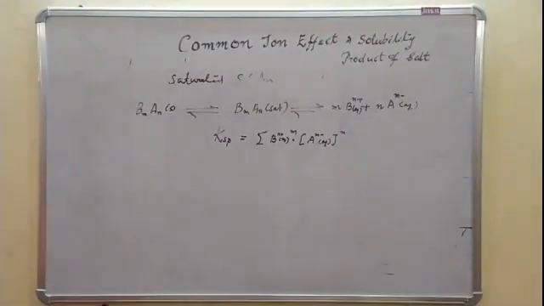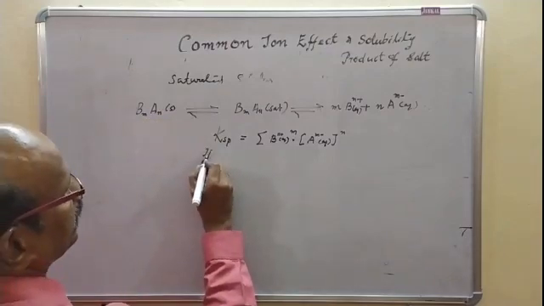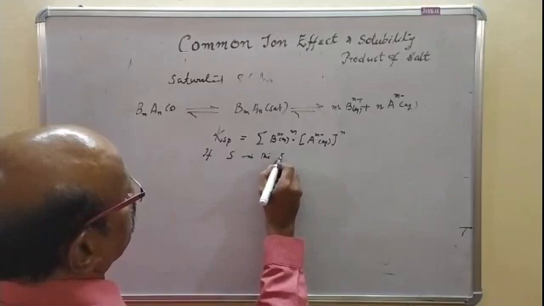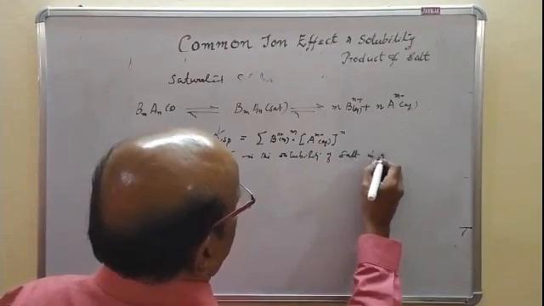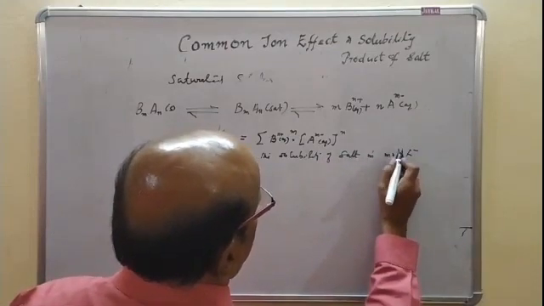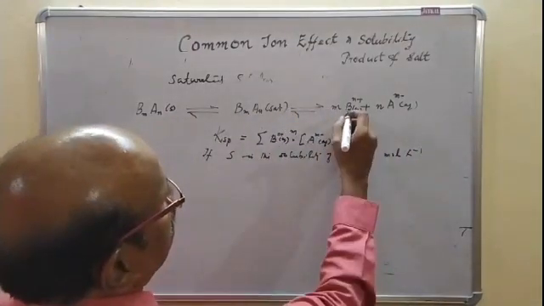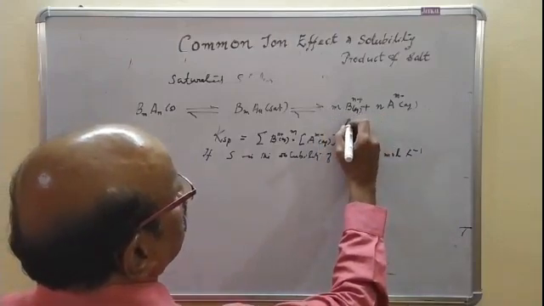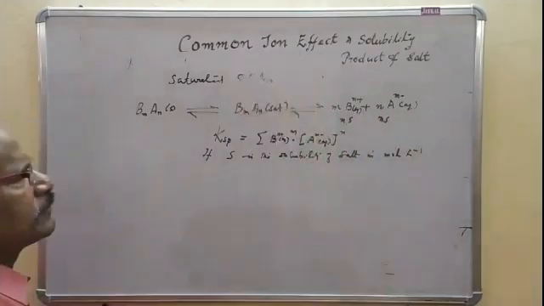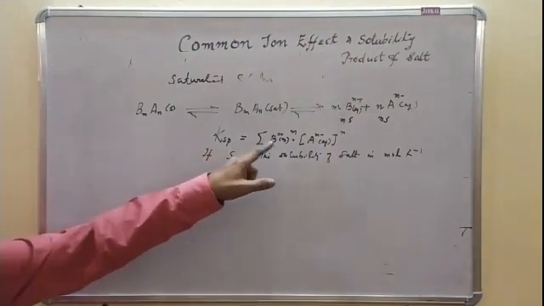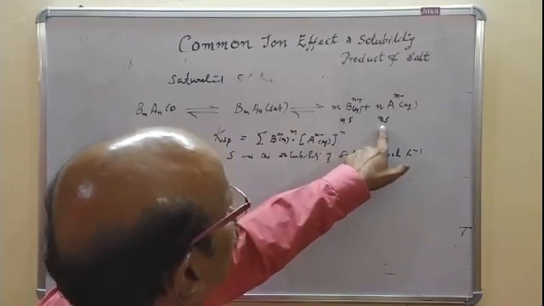We have seen that if S is the solubility of the salt in moles per liter, the concentration of B n plus ion is mS and the concentration of A m minus ion is nS.